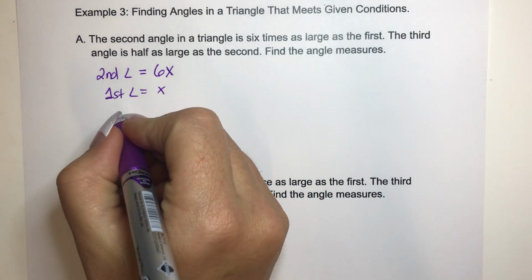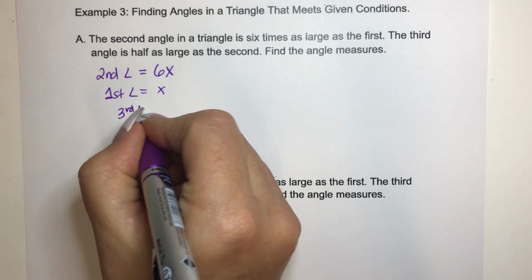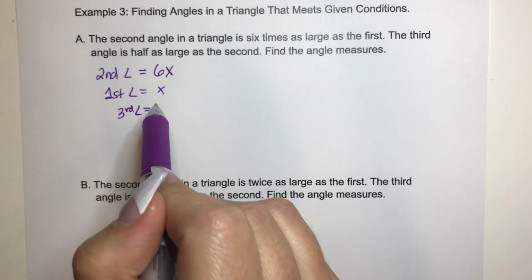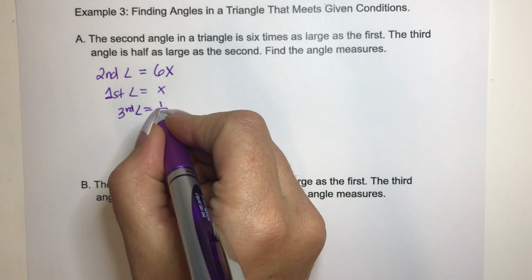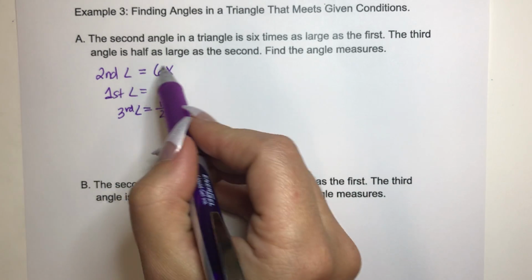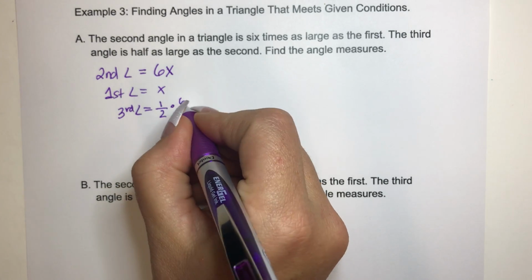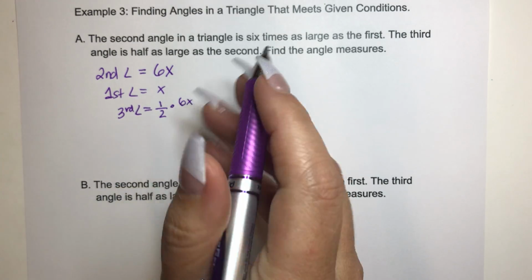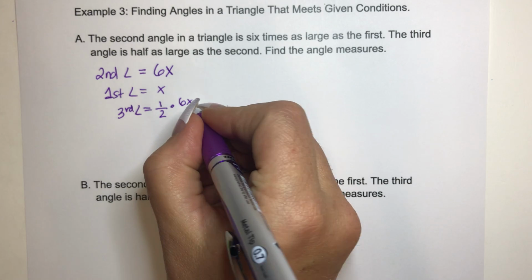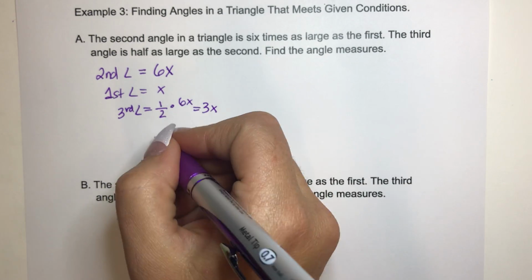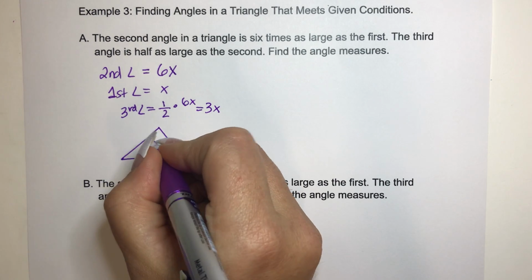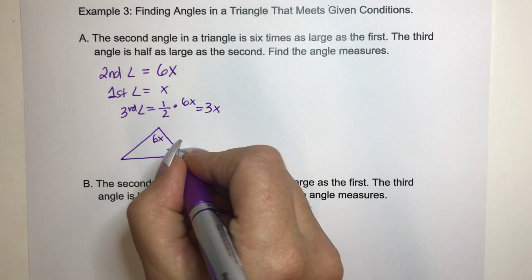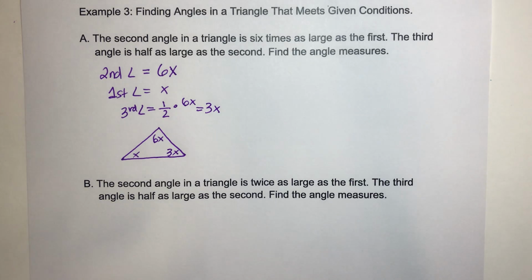The third angle equals half as large as the second. Well, the second is 6x, and half of 6 is 3, so this is 3x. So basically, we have a triangle where we have 6x, 3x, and x.